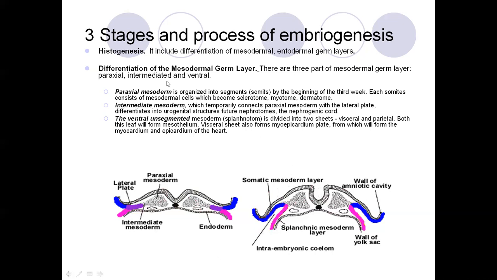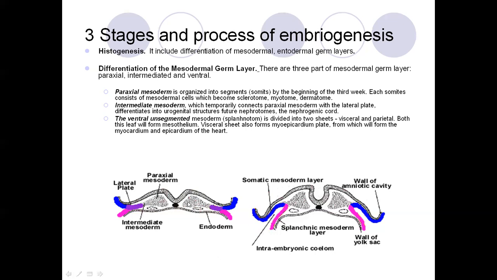So, differentiation of the mesodermal germ layer. The mesodermal germ layer divides in three parts: paraxial part, intermediate part, and ventral part. The paraxial part forms somites, segmented structures in the paraxial part of mesoderm.